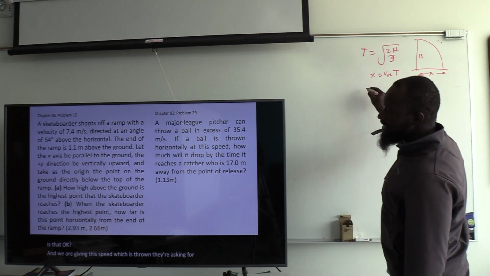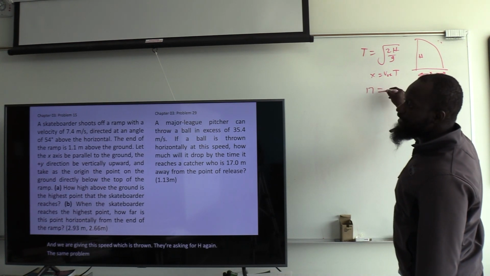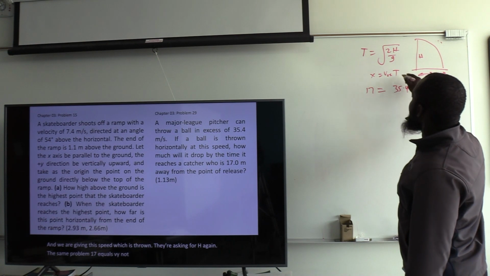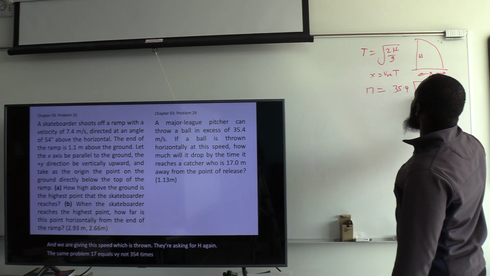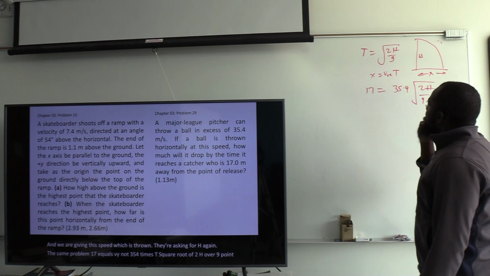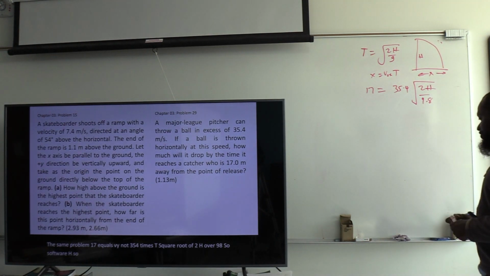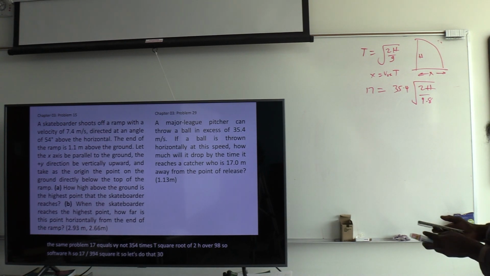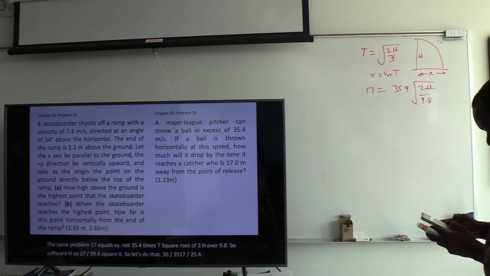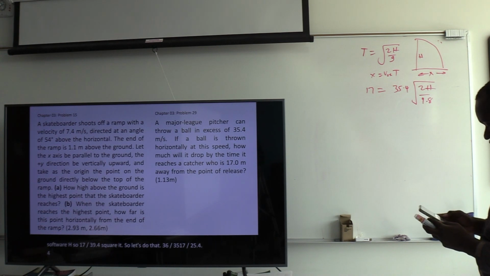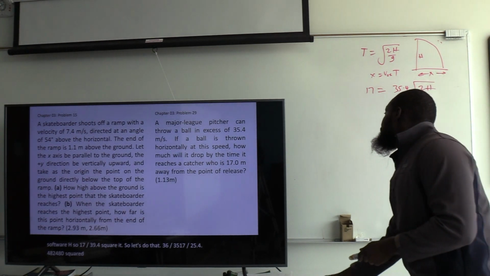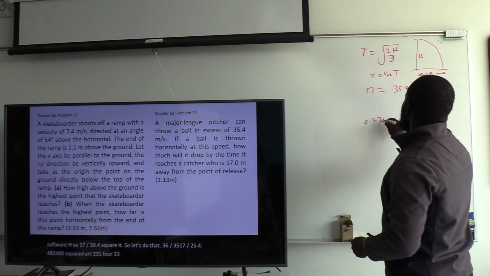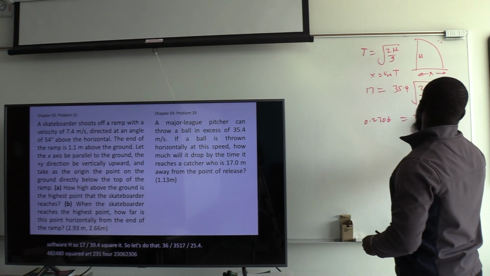Again, the same problem. 17 equals v naught 35.4 times t, square root of 2h over 9.8. So solve for h. So 17 divided by 35.4, square it. 0.482, square that. 0.2306, which after squaring is 2h over 9.8.